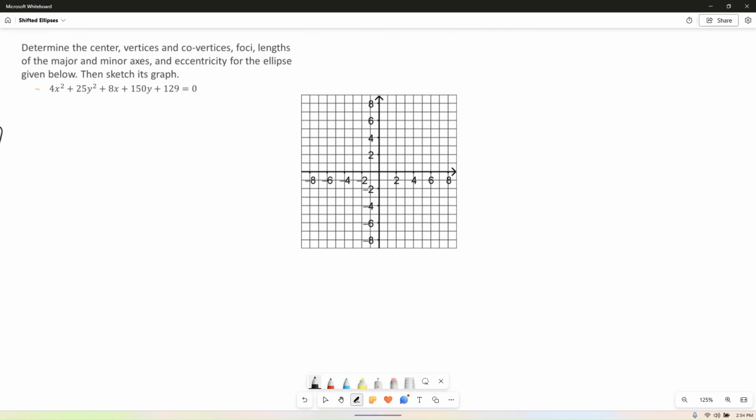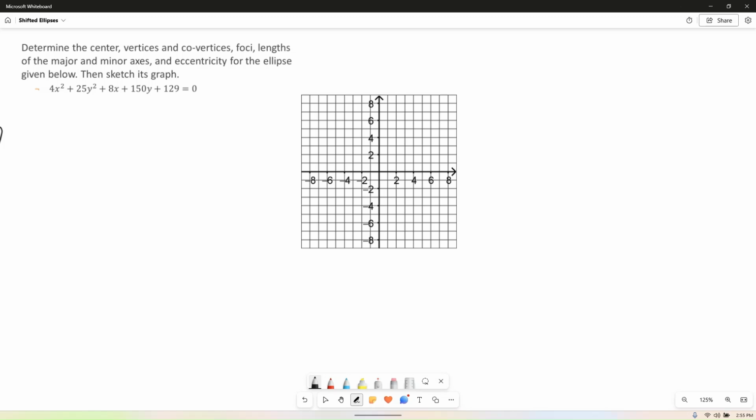That's going to involve completing the square, and we're going to have to do that twice, once for the x and once for the y. So the equation that we're given is 4x squared plus 25y squared plus 8x plus 150y plus 129 is equal to 0.